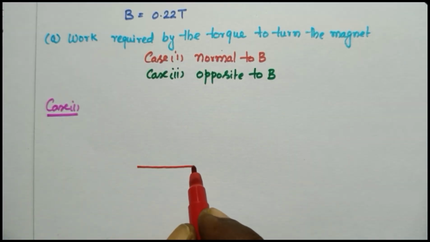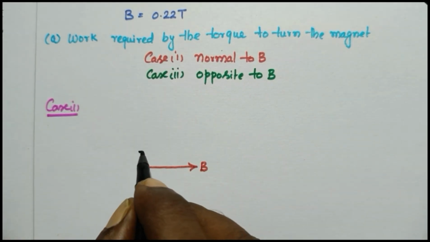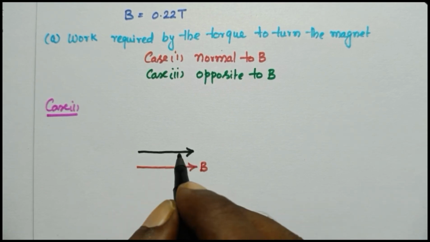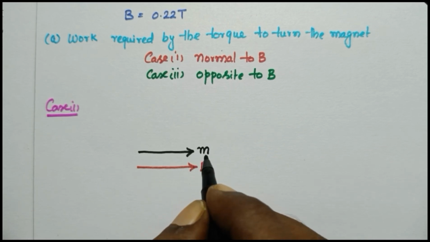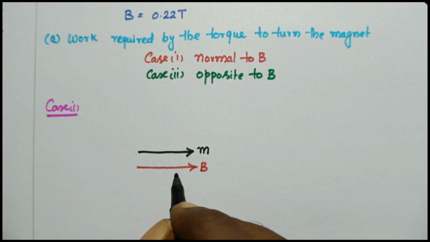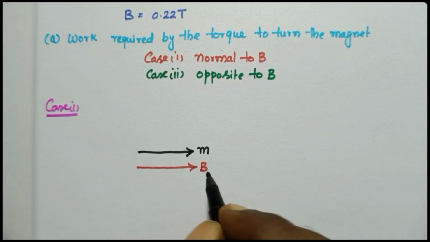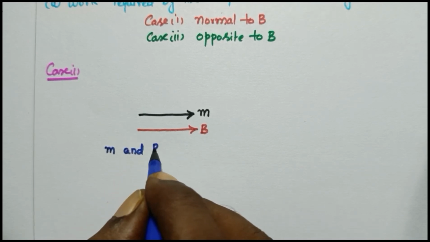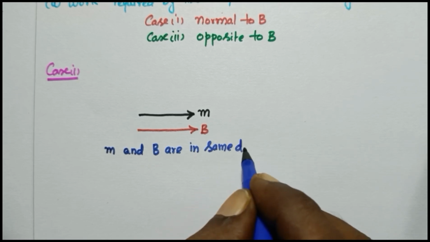This is the direction of the magnetic field. Initially, the bar magnet is in the same direction. If the bar magnet is in the direction of B, the magnetic moment will also be in the direction of B. This is the direction of magnetic moment. Magnetic moment M and magnetic field B are in the same direction.